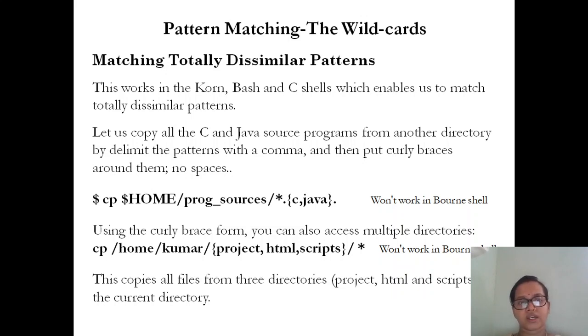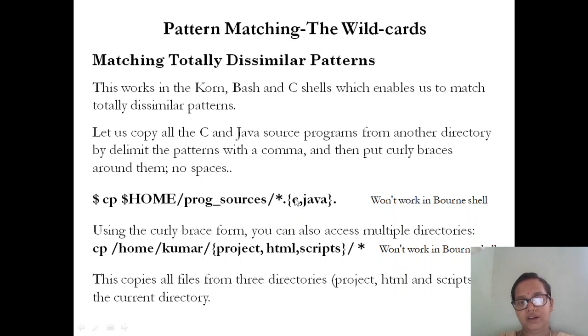So by delimiting the patterns with a comma, I can put them within curly braces. You can see here with my example, I am copying from /home/prog/sources. In that directory I am copying all the files which relate to .c and .java. So according to my condition, you can give the source programs by just delimiting the patterns.